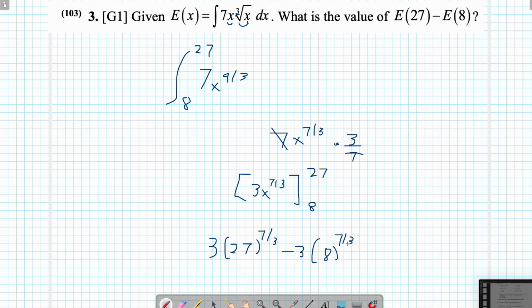So again, 3 times 27 to the power of 7 over 3 minus 3 times 8 to the power of 7 over 3, which is equal to 6177.